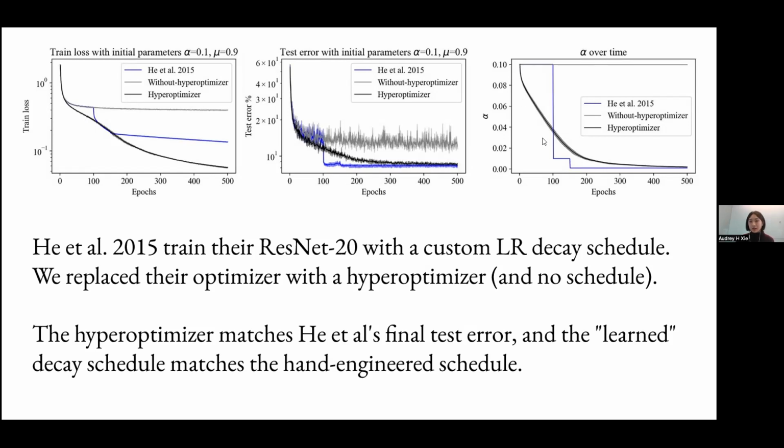I mean, not closely match, but the idea is there. It's trying to do this similar type of decay to the learning rate. And what this means is that the hyper optimizer replicates this optimal learning rate schedule.